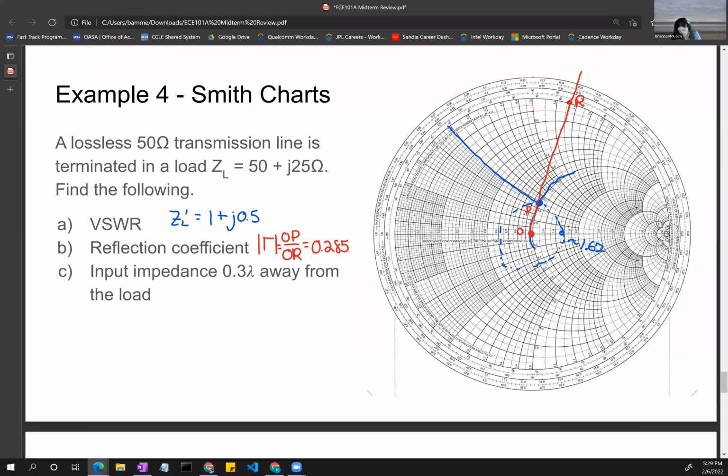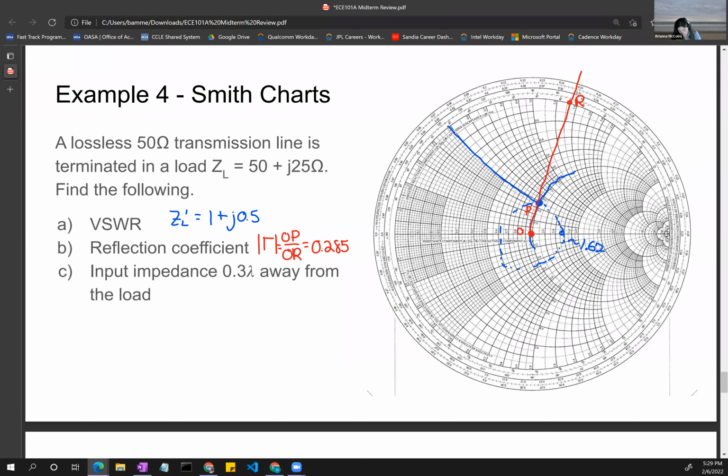Smith charts are, if you can draw it correctly, and if you have a ruler, that would be super helpful. So then we're going to multiply by the characteristic impedance to convert back from our normalized impedance to a standard impedance that you would actually use. So this is going to be our input impedance at 0.3 lambda away from the load.